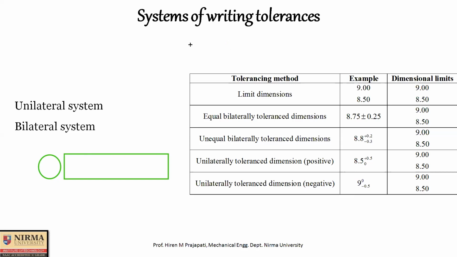Now suppose this circle is representing the maximum material limit, meaning the upper limit of the shaft, and this violet color circle is representing the lower limit or the least material limit of the shaft in front view.